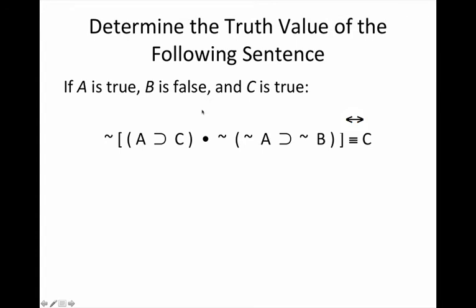All right, now let's move on to, once again, plugging in values. So A is true, C is true, and B is false. Next, let's determine what the main operator is. Notice this pair of brackets tells us that this entire animal is the left side of a triple bar, C is the right side.